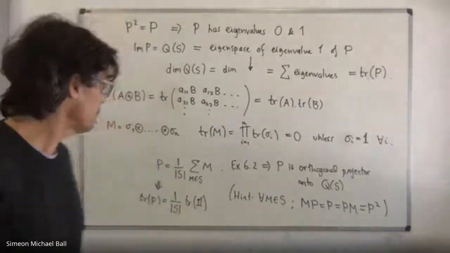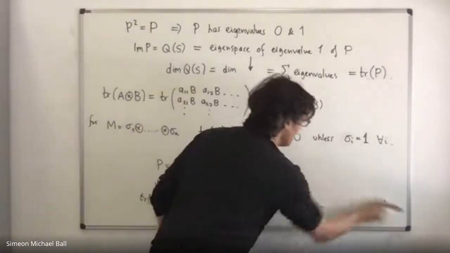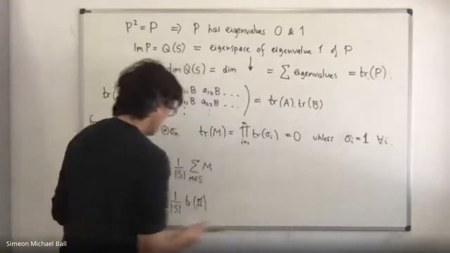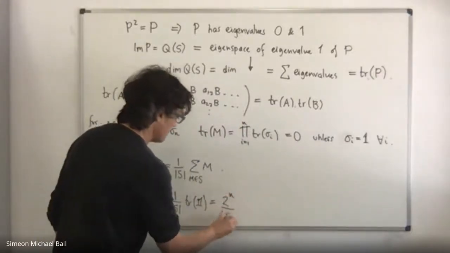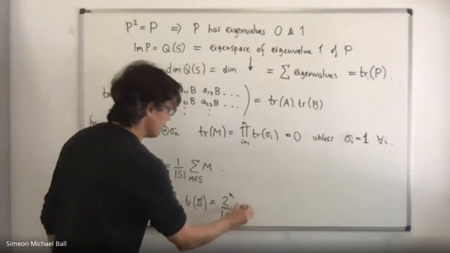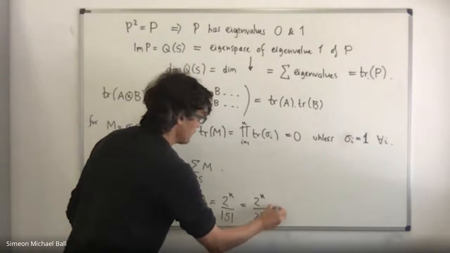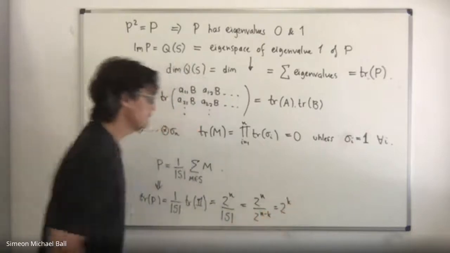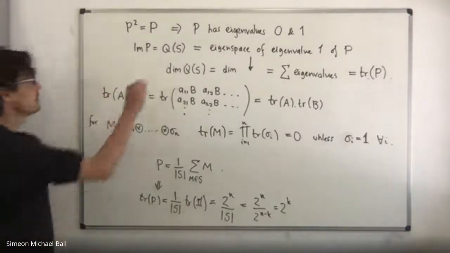So the identity matrix here is a 2 to the n times 2 to the n matrix. So this is 2 to the n divided by the size of S. And the size of S is 2 to the n minus k. So the trace of Q is in fact 2 to the k, which is what we wanted to prove.